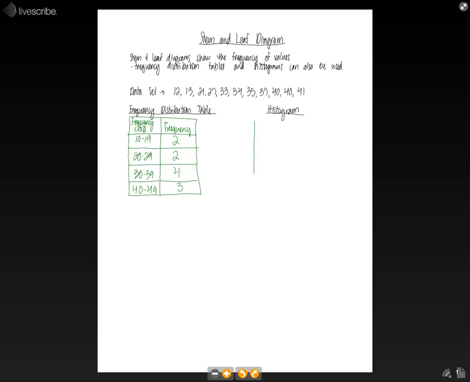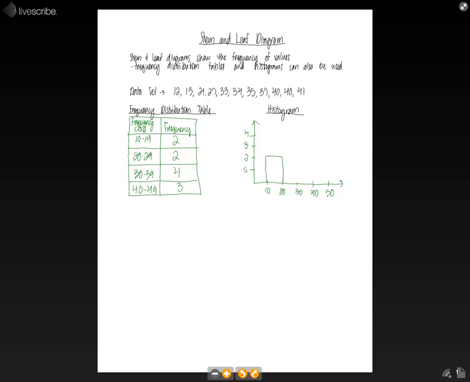Next, if we look at a histogram, we're going to draw it like this. We have our frequency on the left, and then we make what I'll call our bins across the bottom. It's like our frequency classes from our last diagram. The space between 10 and 20 has 2, so we go up to 2 on the frequency side.